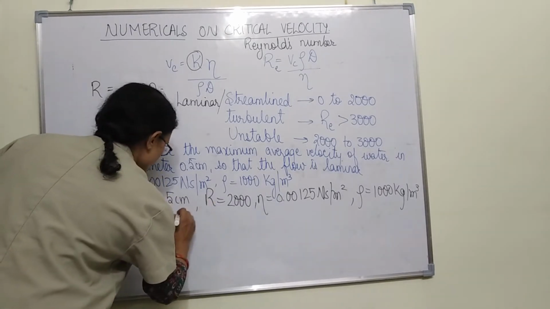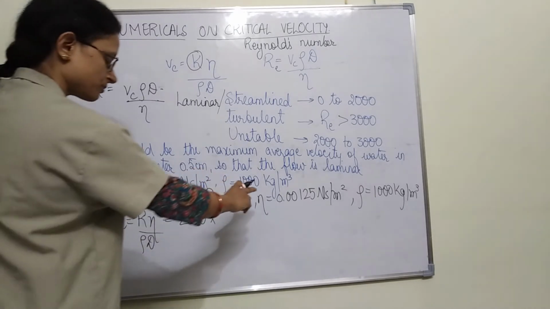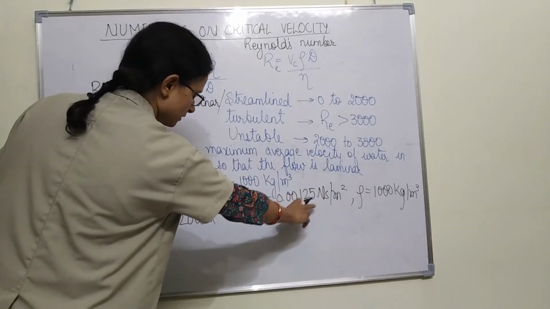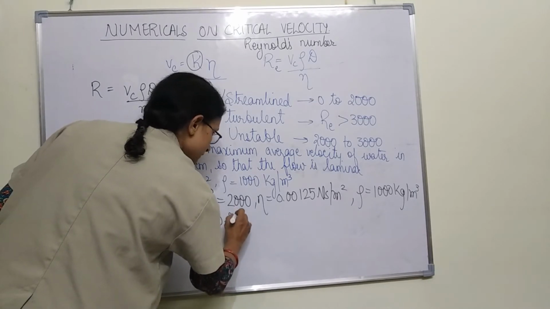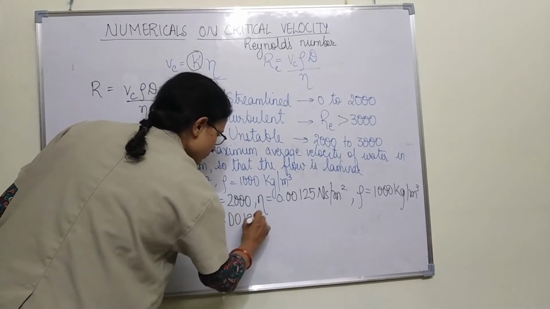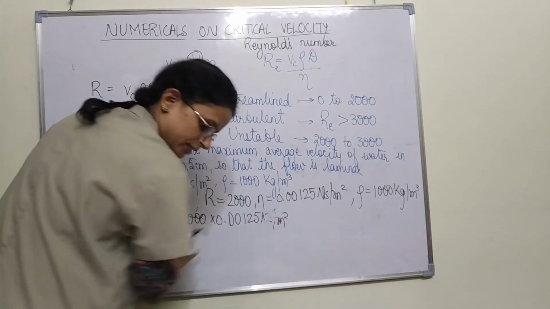Here the value of R is 2000. Next, eta is given in MKS units, so we write it as it is, 0.00125, and there is no need to write the unit here.